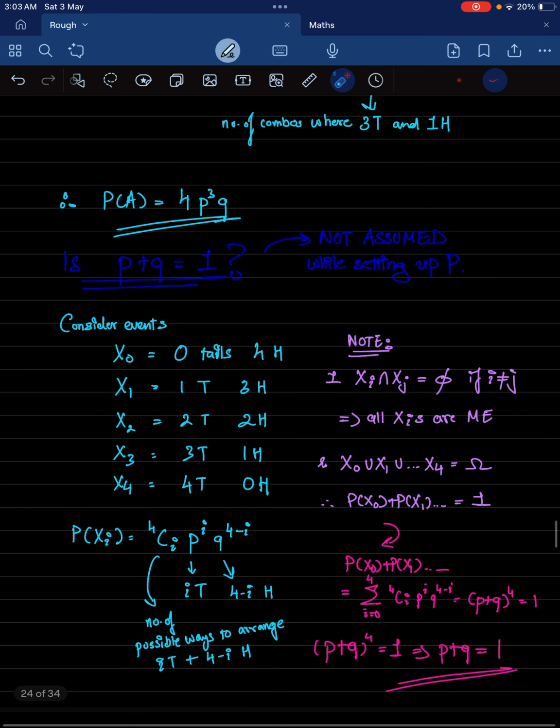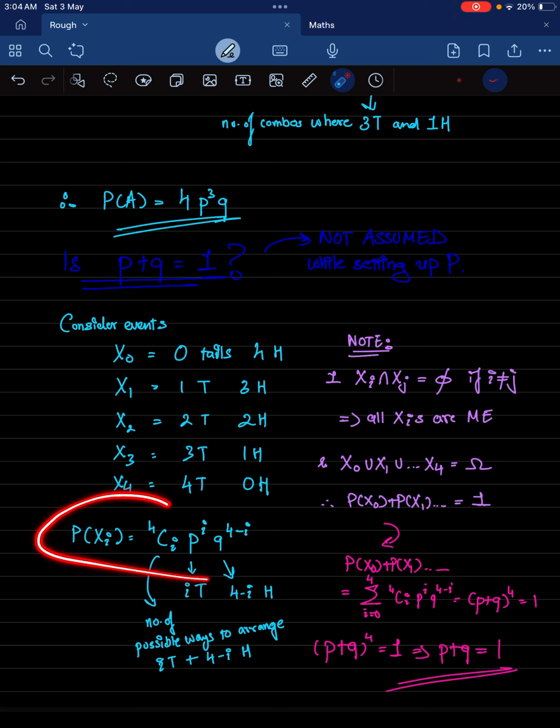Now what is the probability of each of these events? If I take a generic xi, that is i tails, then for each of the tails I will have a p, so p raised to i. For 4 minus i heads, for each of the heads I'll have a q, so q raised to 4 minus i, and so I'll also have this 4Ci coefficient, because that's the number of possible ways to arrange i tails and 4 minus i heads.